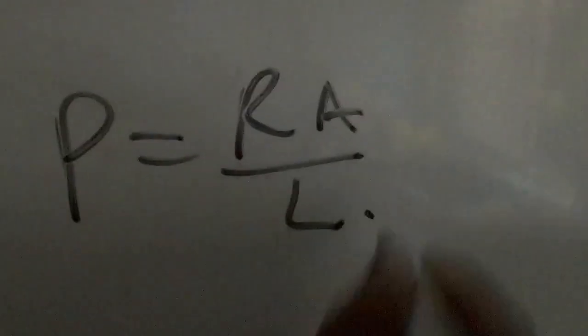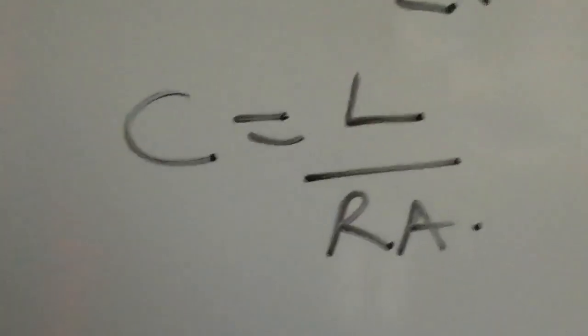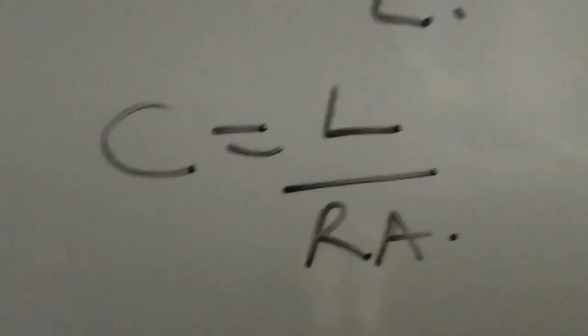So if from the formula above, resistivity is resistance times area over length, that means conductivity now becomes, if you take the inverse, length all over resistance times area. So you see the difference between resistivity and conductivity in terms of formula.